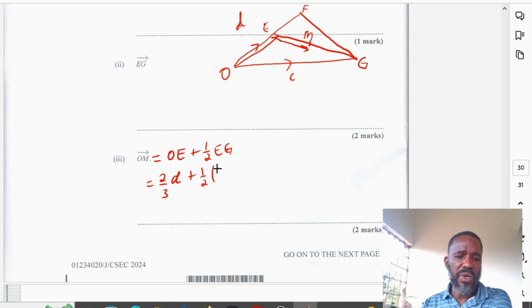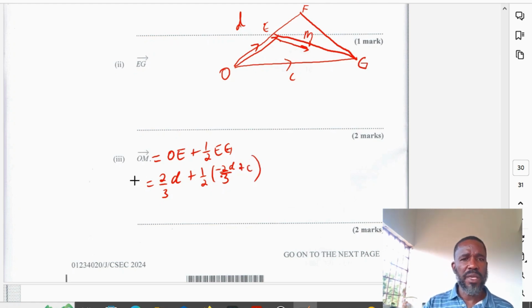And we remember we had worked out EG to be equal to negative 2/3 d plus c. So we had worked that out.